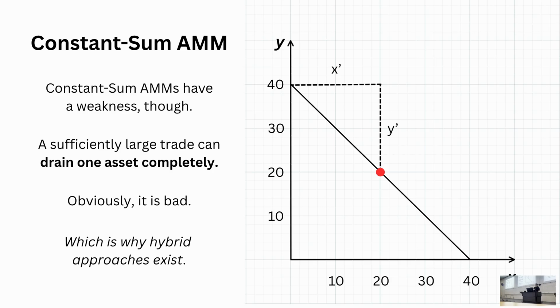It's 0. So now if somebody else wanted to buy x from the pool, they wouldn't be able to do that. And that's pretty problematic. So constant sum AMMs actually are never used in production. It was just the idea that was described in order to present some hybrid approaches that actually got adopted, or at least they found some PMF, product market fit.